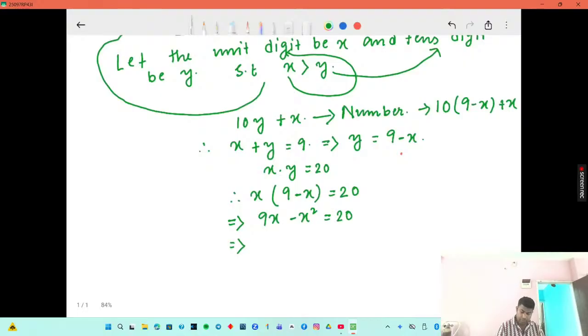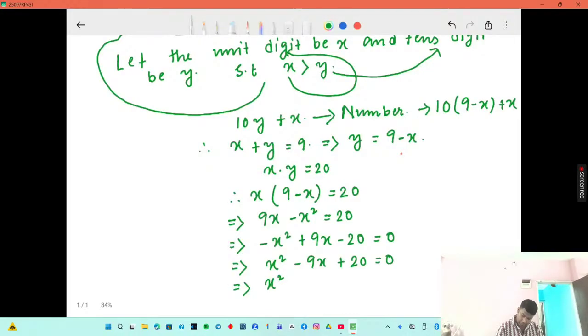So from here, minus x square plus 9x minus 20 is equal to 0, that is, x square minus 9x plus 20 is equal to 0. x square minus 5x minus 4x plus 20 is equal to 0.